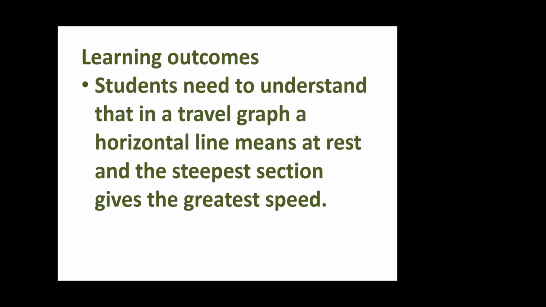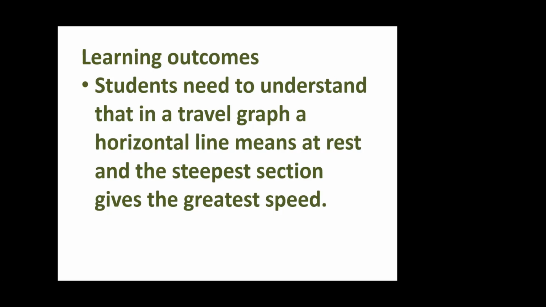So some learning outcomes. Students need to understand that the horizontal section of a travel graph is at rest, because that was not very well done. And the steepest section will give the greatest speed.